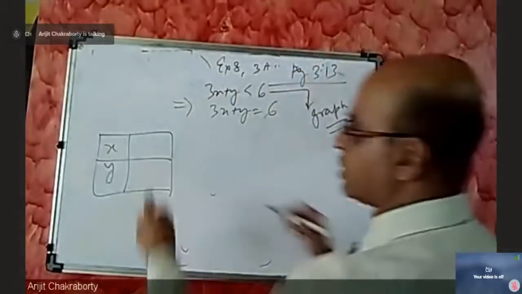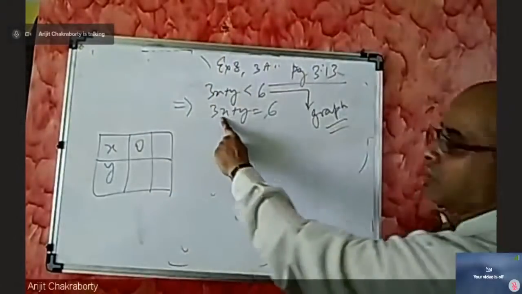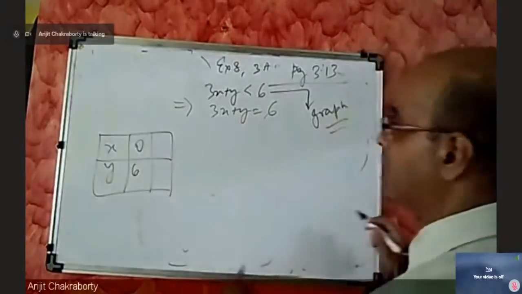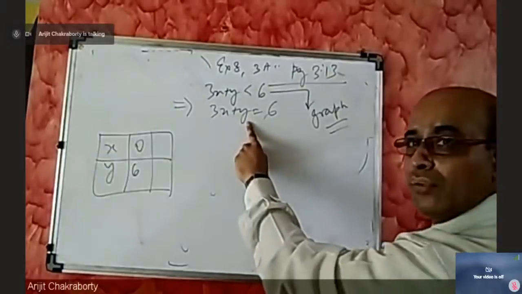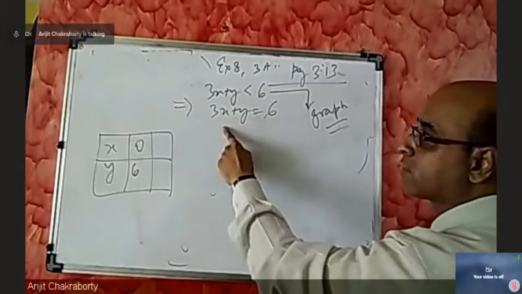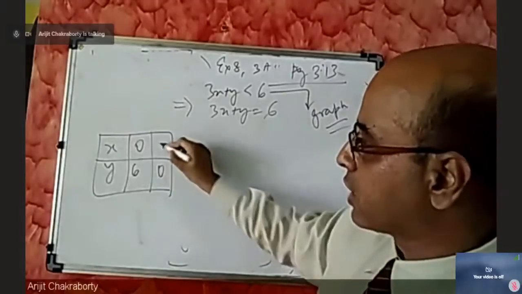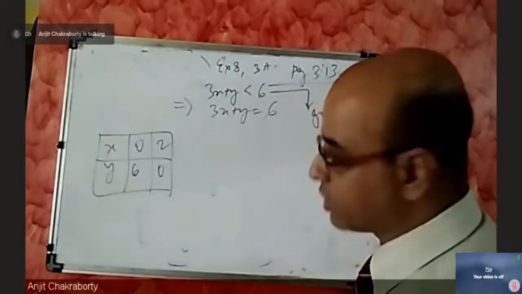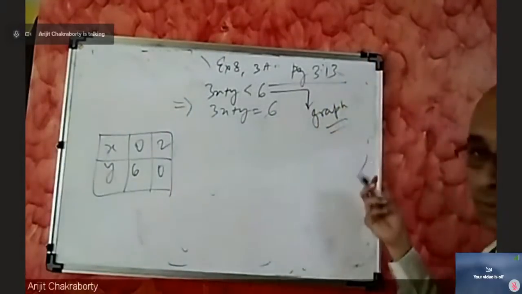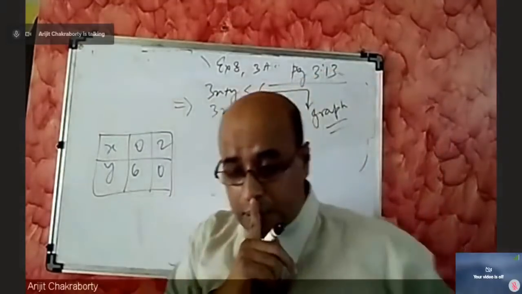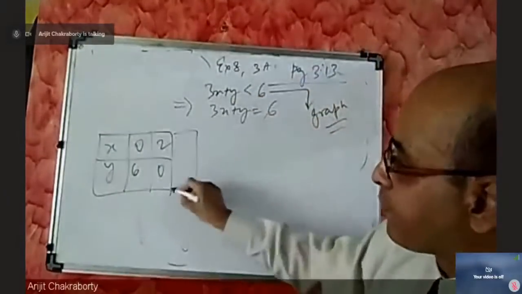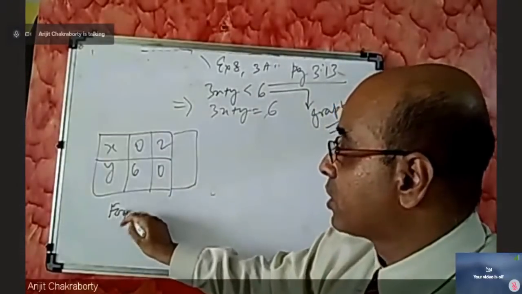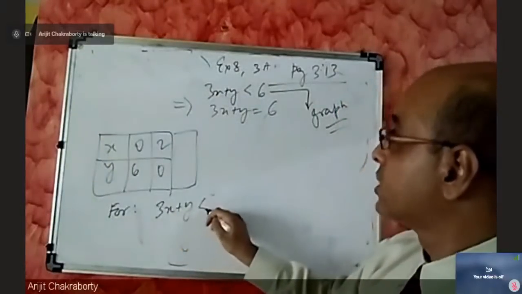When x is 0, 3 into 0, so y becomes 6. And when y is 0, then 3x becomes 6, so x becomes 2. So we get the coordinates of the equation like this. Of course, you can also add one more value, for the equation 3x plus y is less than 6.